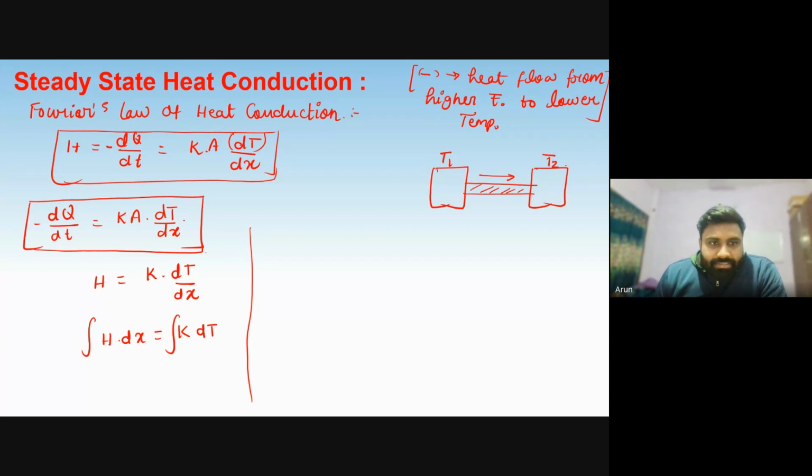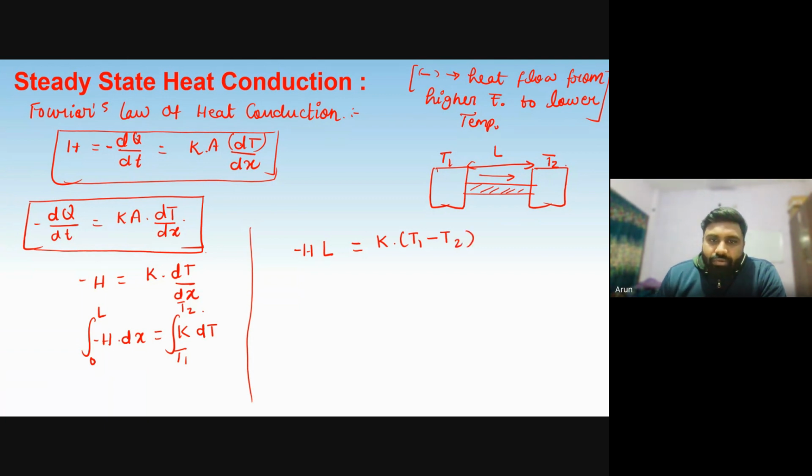So if I integrate it from 0 to L, where the length of the rod is L, and the temperature is T1 to T2, this will become minus H into L equals the integration of dx, which is 0 to L, into L. Now this will become K (T1 minus T2).